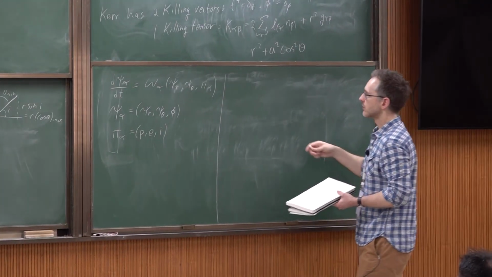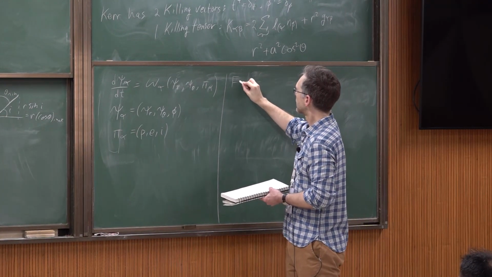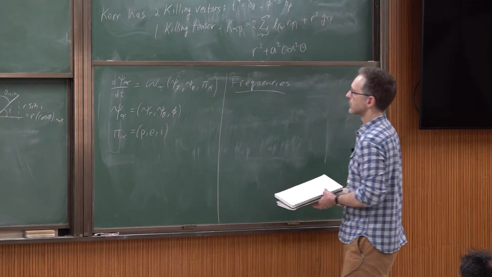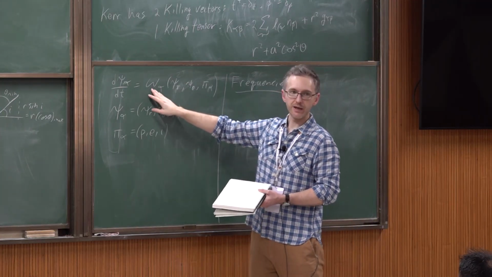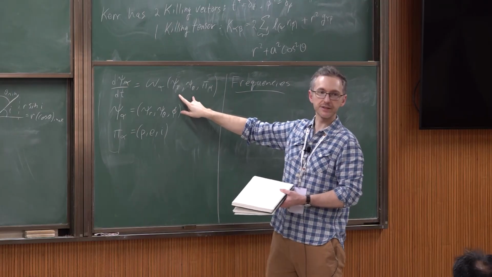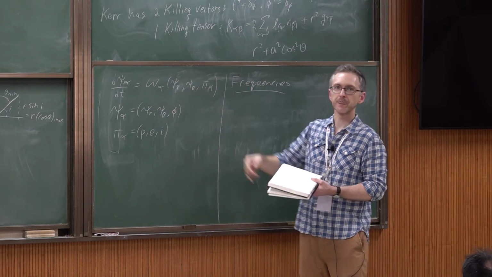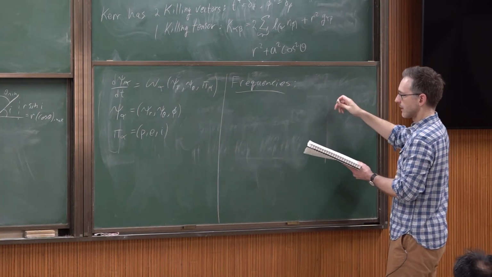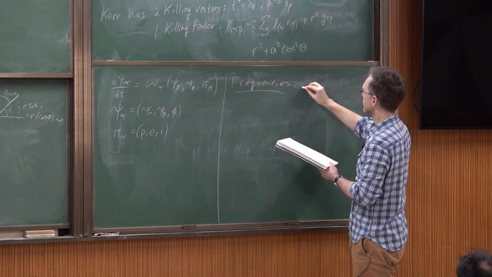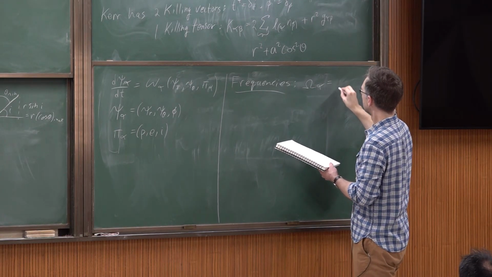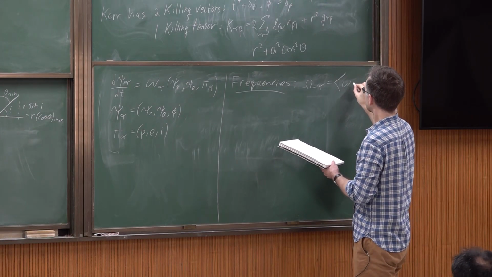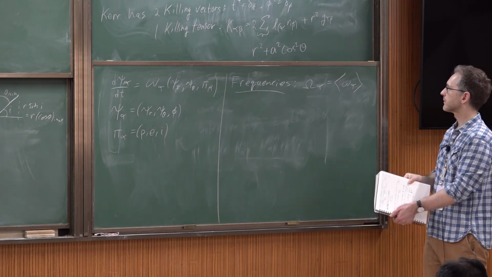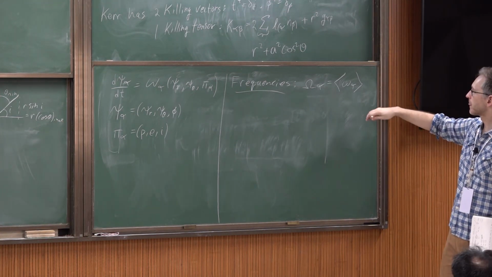But I want to do that because I want to define frequencies of motion. So I've written this as an omega as if it's a frequency, but if you have something oscillatory, that's not a good measure of frequency. So the frequencies are basically the averages of those, where I'm averaging over some definition of angles or some definition of a long time scale.